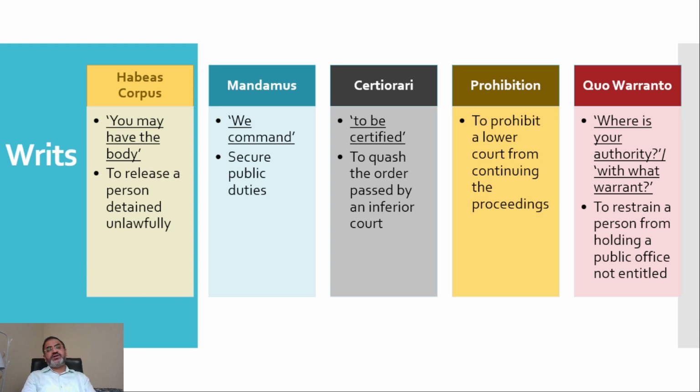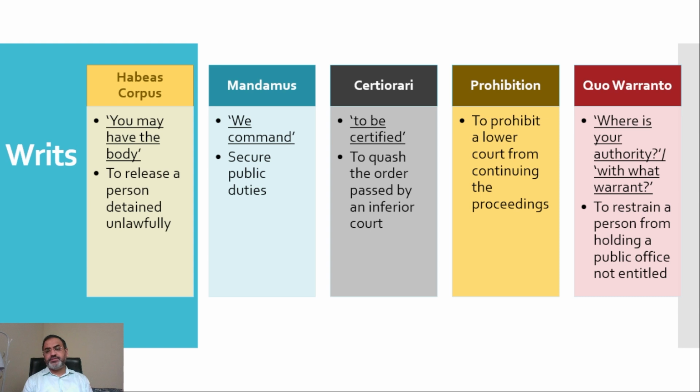Then we have mandamus, where a public official is commanded by the court to perform his or her public duty enshrined in the laws. Then we have certiorari, which allows the High Court or the Supreme Court to quash the order passed by an inferior court.